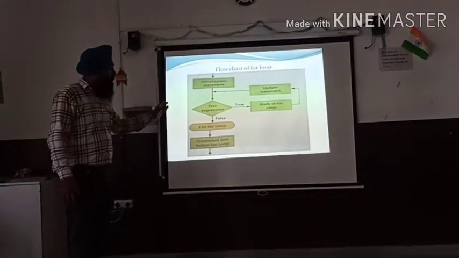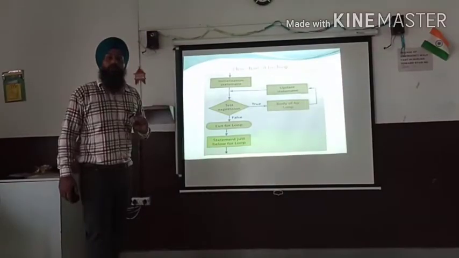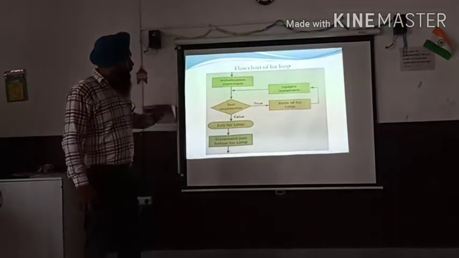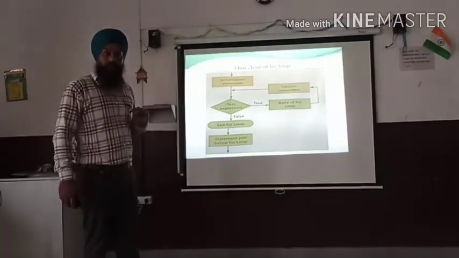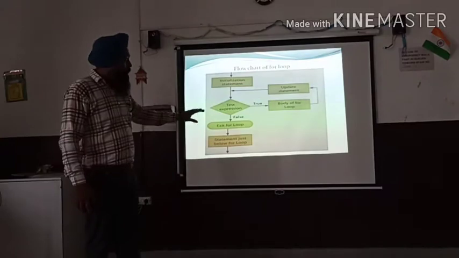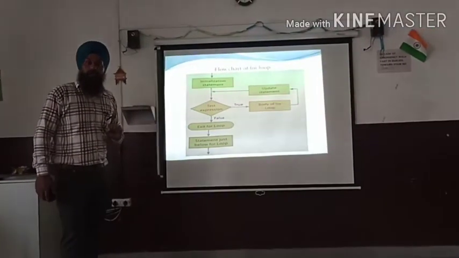If it is, then again the body of the loop will get executed. In this way, the statements in the body of the loop will get executed as long as the value of the control variable is from the range.